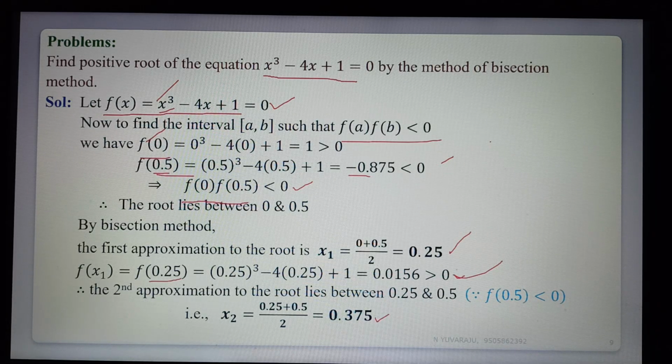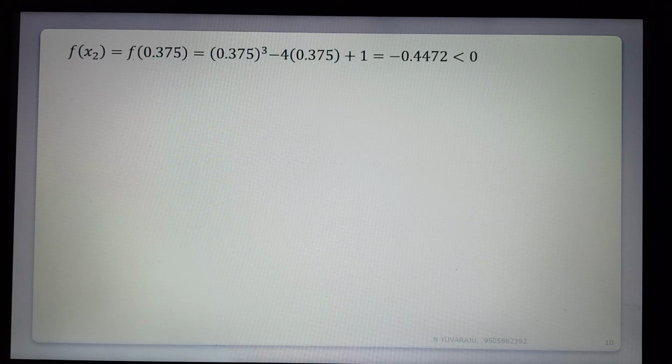Okay? So now is this the required root or not, substituting this value in the given equation, that is f of x2, f of 0.375. We get a negative value only. This is also not 0, it is less than 0. So the next root lies between the previous value where we have positive.